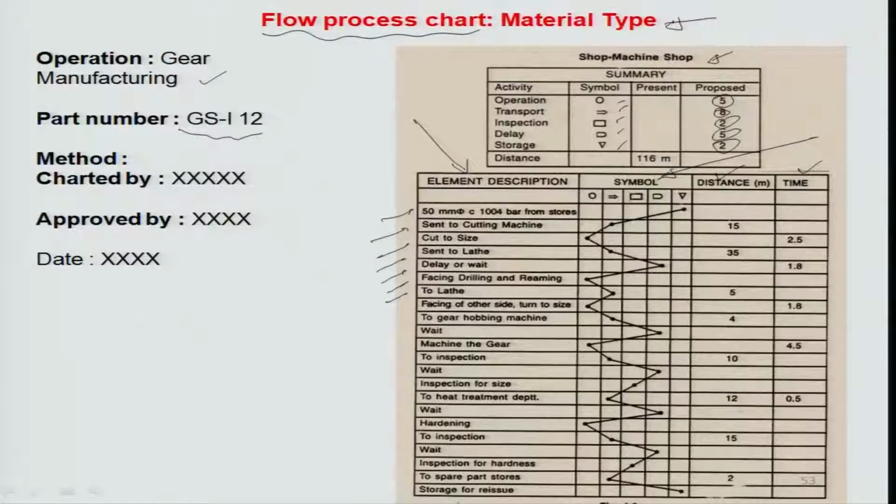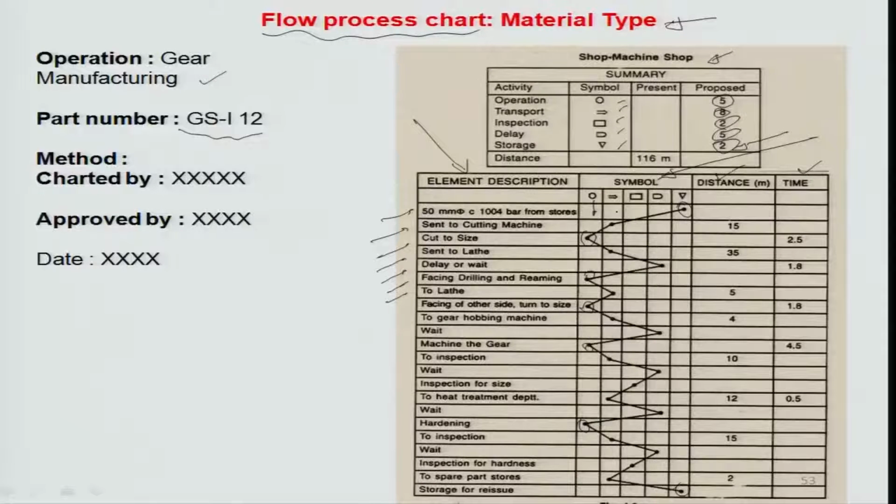While doing this I can probably count and see that there are about 2 storage delays or, let us say, permanent storage in the process, as dictated by this summary chart. Then there are at least 5 different operations, which are 1, 2, so these are the 5 different operations on the particular material flow diagram.